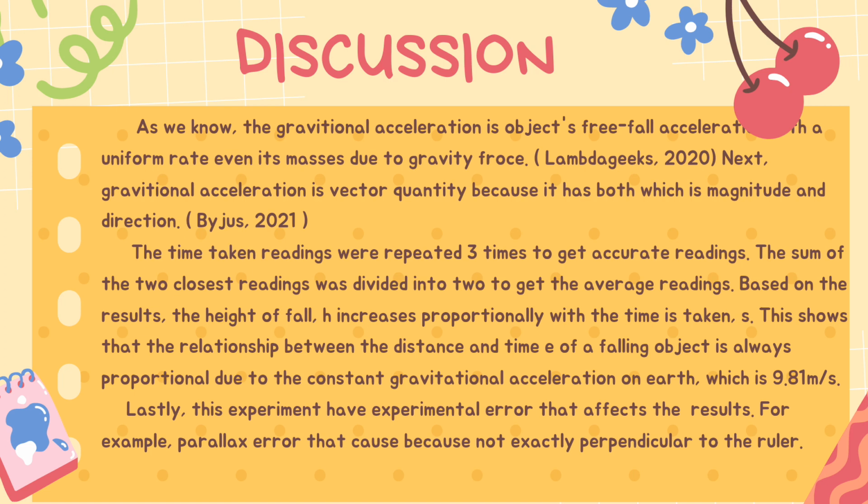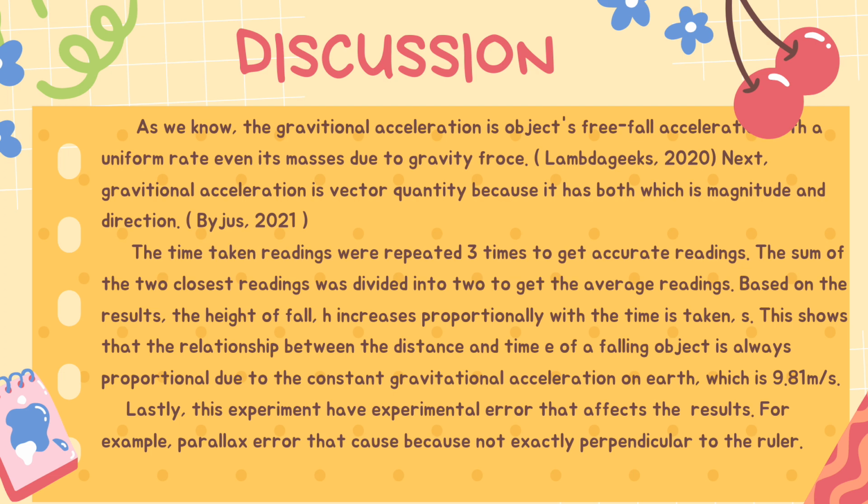Based on the result, the height of fall, which is h, increased proportionally with the time taken. This shows that the relationship between the distance and time of a falling object is always proportional due to the constant gravitational acceleration on Earth, which is 9.81 meter per second squared. The graph shows that the height of fall is proportional to the square of the time spent falling.